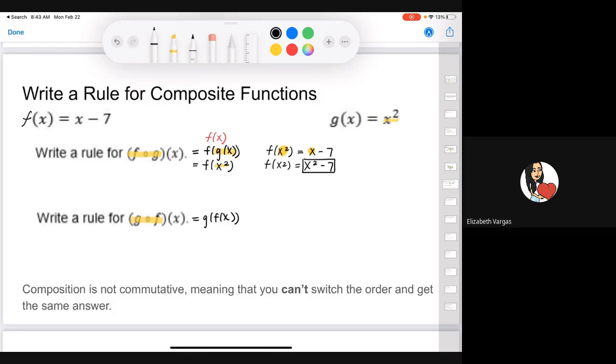So basically what we're doing is, instead of inputting an actual value, for example 2, we're inputting an entire equation into x. So that's what we did here. We substitute x with x squared because that is the equation that we need to insert for our value of x. Okay, does anyone have any questions on how I got x squared minus 7?